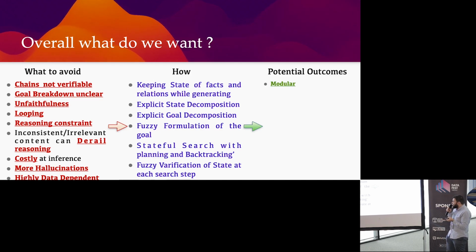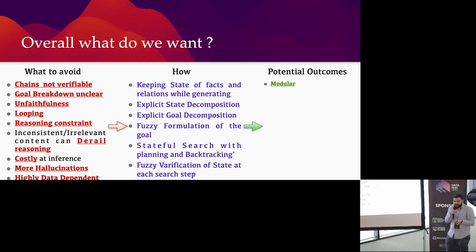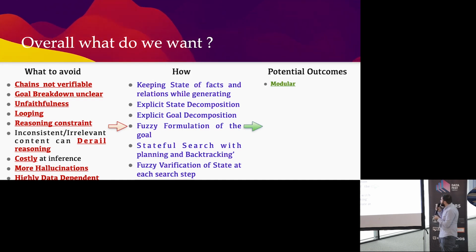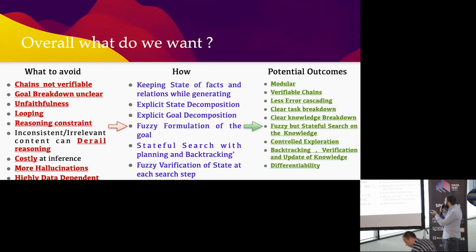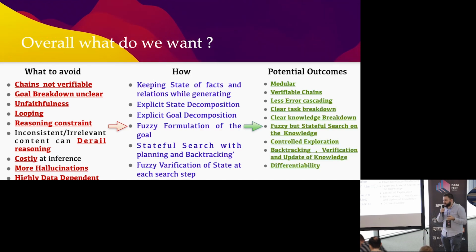And we would like stateful search with planning and backtracking. So we would like to do something like a graph traversal, while being able to say, yeah, this idea does not lead to a good solution. And we want to be able to verify whether our paths were explicitly correct or incorrect. The potential outcomes are that it will be modular, verifiable, and all the world will be good, we'll solve reasoning, AGI will be solved, and we'll be happy.